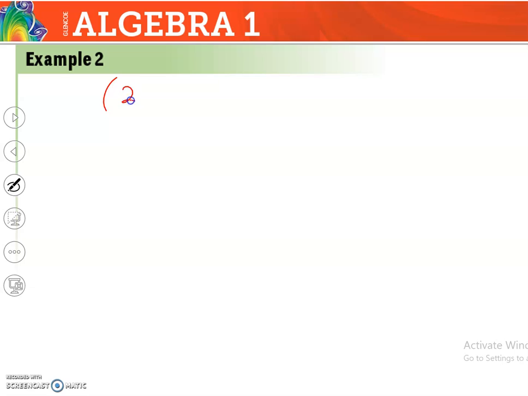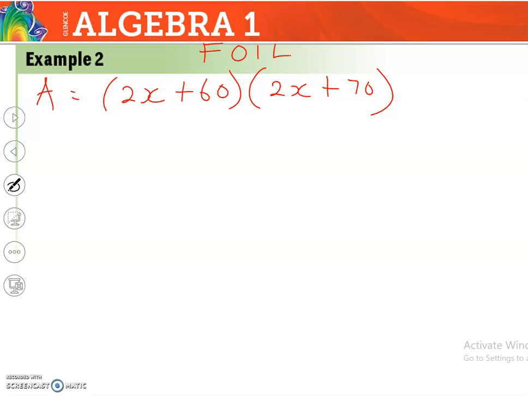We have 2x plus 60, that is the area, multiplying 2x plus 70 here. Now using the FOIL method, F for the first numbers, so we have 2x multiplying 2x, let me put it in square brackets.